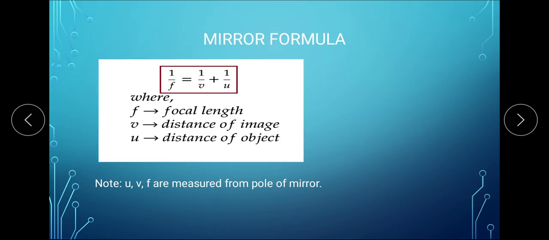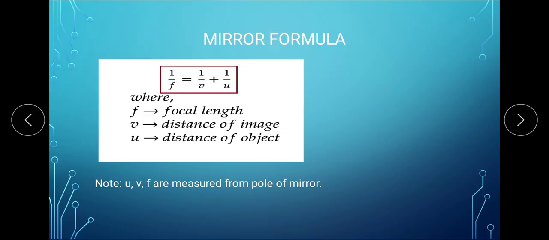Students, now we are going to discuss a relationship between object distance, image distance and focal length of spherical mirror. And this relationship is called mirror formula. Your mirror formula is 1/f = 1/v + 1/u, where f is the focal length, v is the distance of image from the mirror and u is the distance of the object from the mirror.